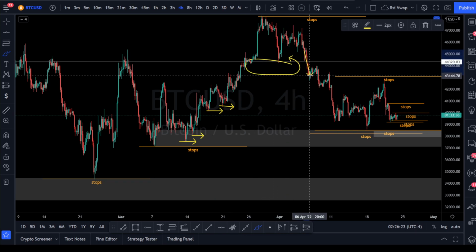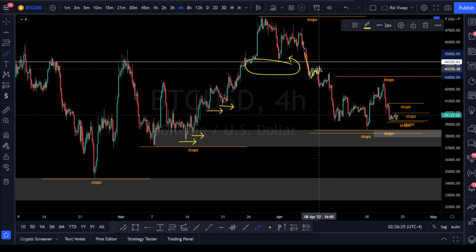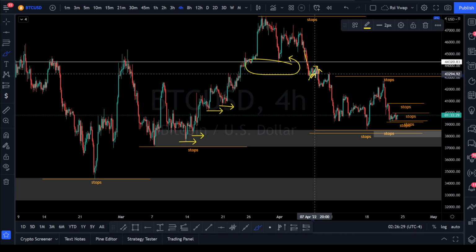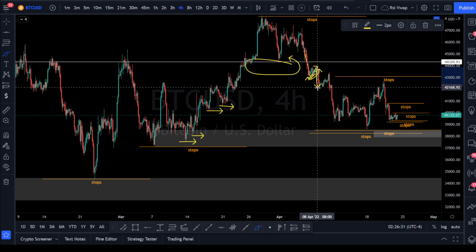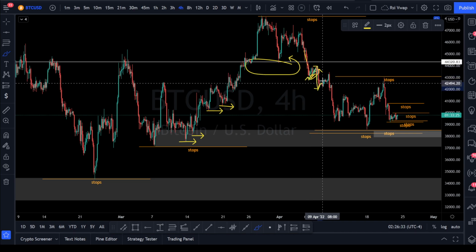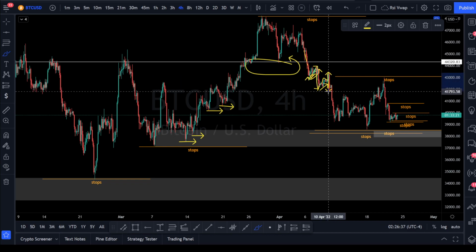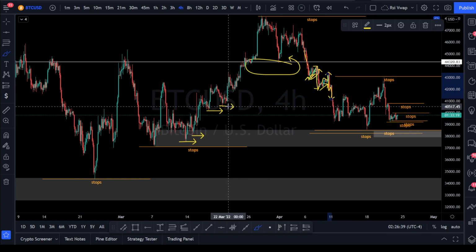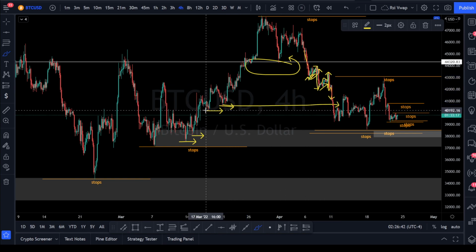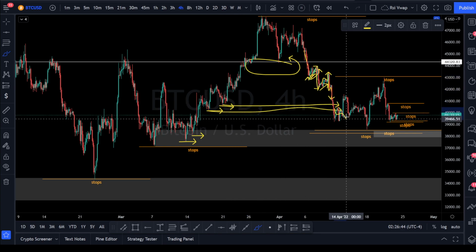What that does is cause this impulse down. You have a little consolidation, and as price is moving up, it's building what? Stop losses here. So boom, it takes it down again. You get the same scenario, stop losses. Now you impulse down and you take them, but you're also taking all these stops along here.